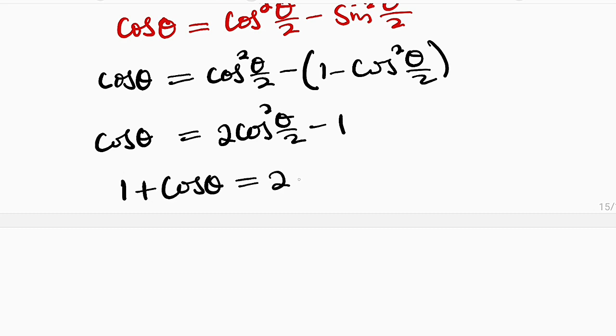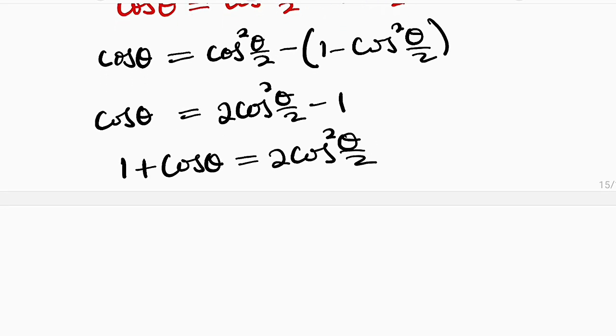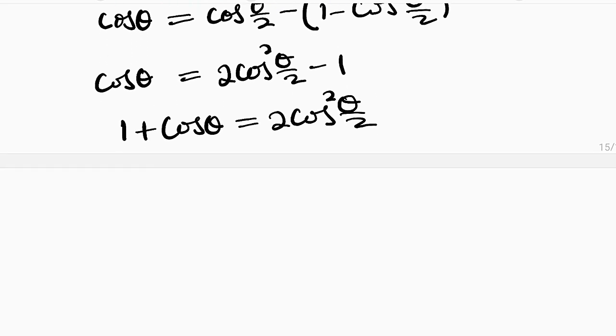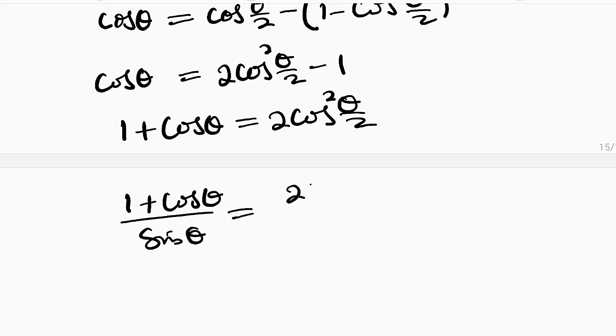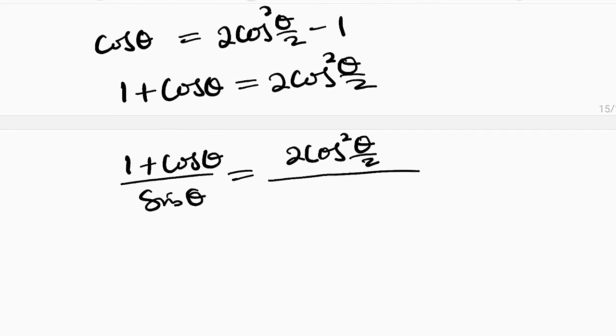This is equal to 2 cos squared theta divided by 2. All right, again, I'm going to divide both sides by sine theta. So we have 1 plus cos theta divided by sine theta equal to 2 cos squared theta divided by 2 divided by sine theta. But I'm not going to write sine theta because I know sine theta is 2 sine theta divided by 2 multiplied by cos theta also divided by 2.